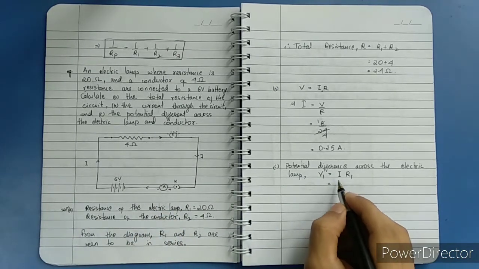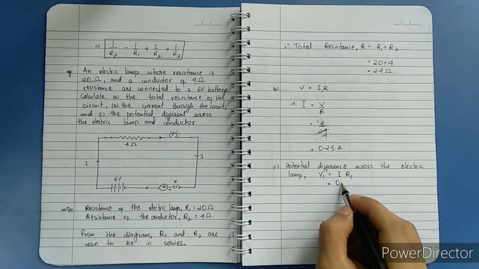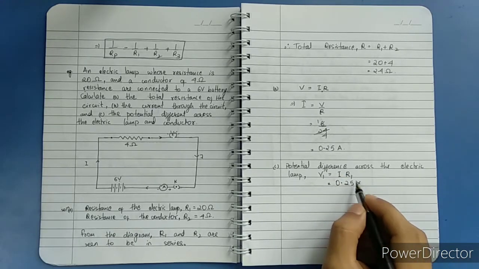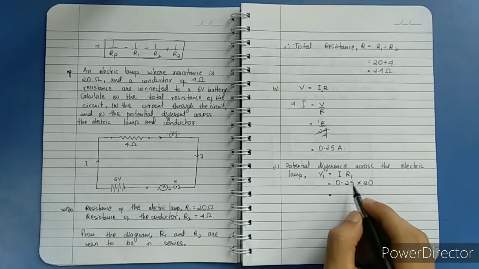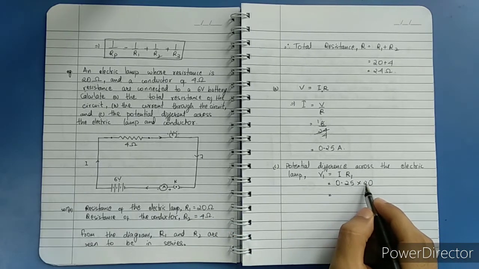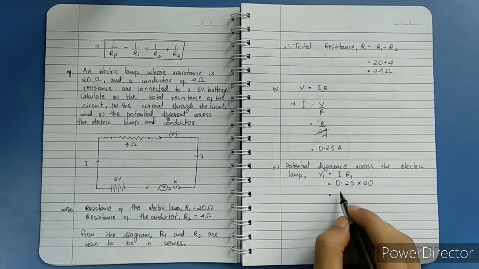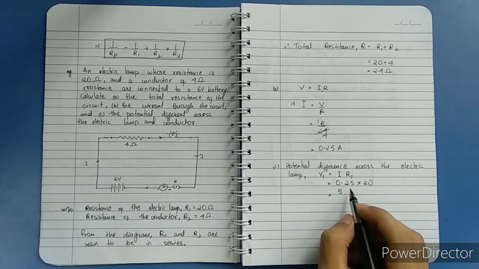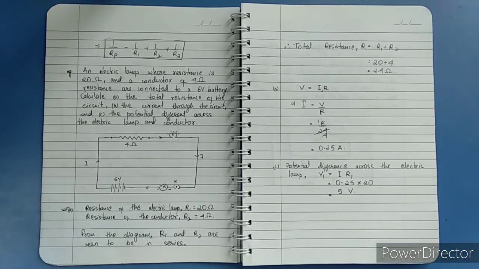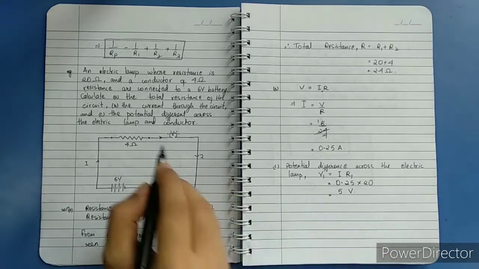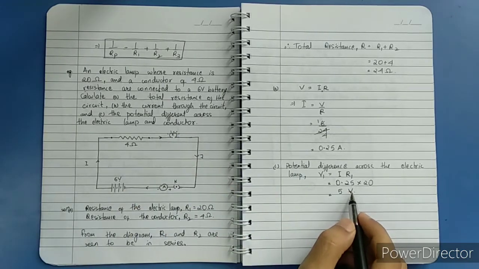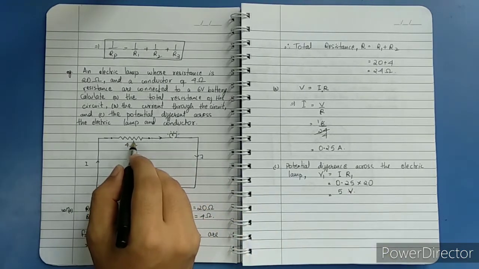So this will be equal to I, which we found as 0.25, into the resistance R1, which is 20. 0.25 into 20 is 5, so this is equal to 5 volt. Technically the total voltage is 6 volt, so if the bulb has 5 volt, the voltage left is 1 volt.